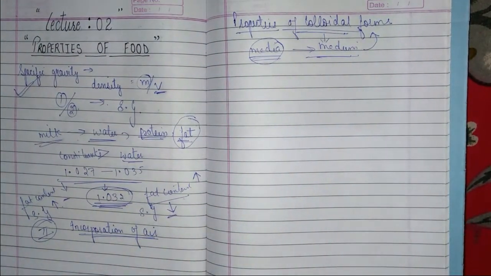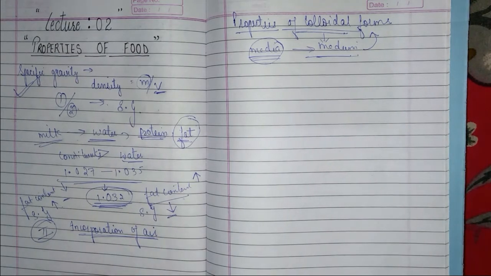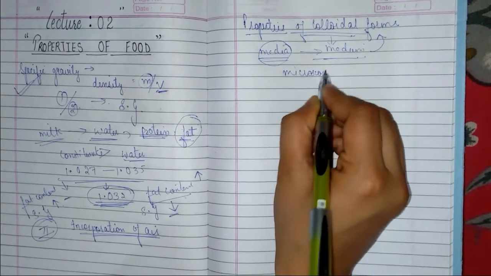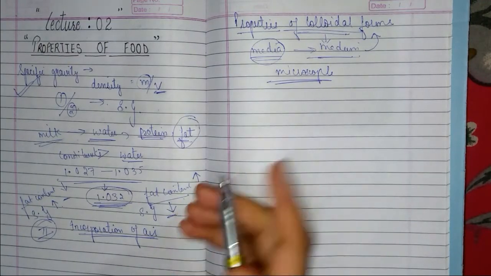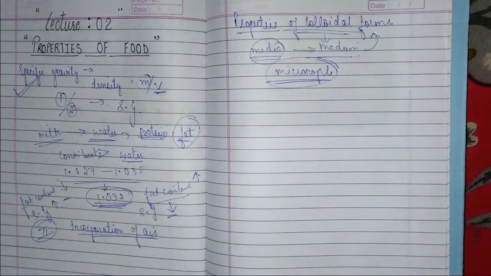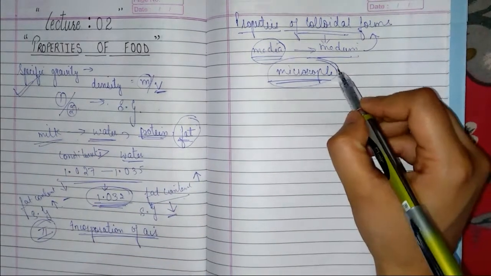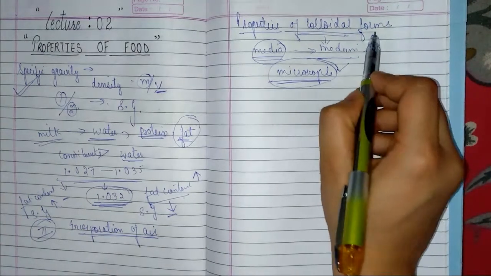However, we cannot see the particles of the dispersed media with our naked eyes, but these can be seen very easily by using a microscope. The particle size is large enough to be observed by microscope, though it cannot be seen by naked eyes. So this is known as a colloidal mixture.